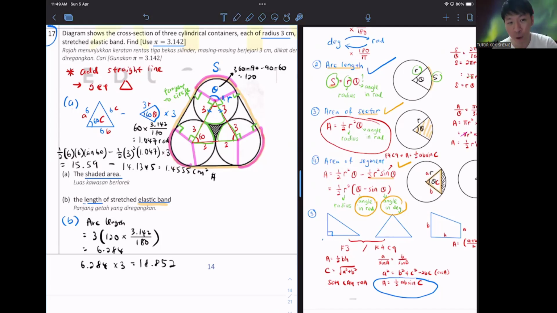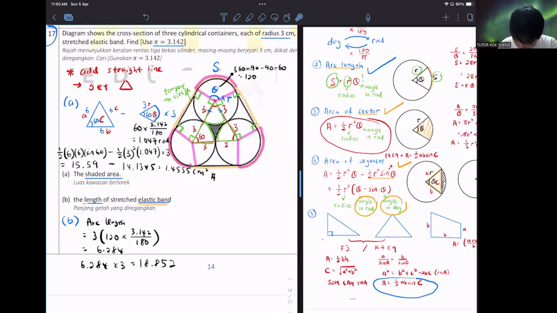And the last one, plus the rest of the three straight lines. Satu, dua, tiga. You should know the lines already, because this is a rectangle. So 3 plus 3, 6. This is 6.